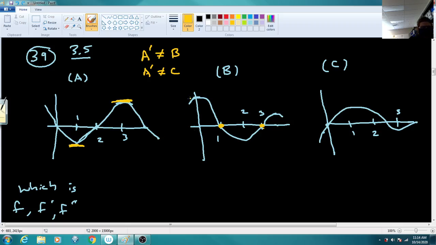All right, let's look at what's going on with B. So we'll use a different color. B has a horizontal tangent here, it looks like at 0. Has another horizontal tangent that looks to be around 2, and another horizontal tangent out here beyond 3.